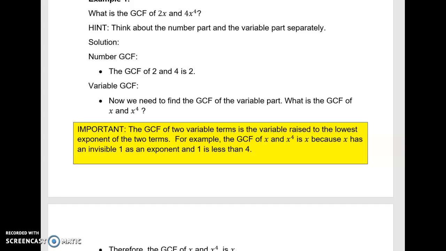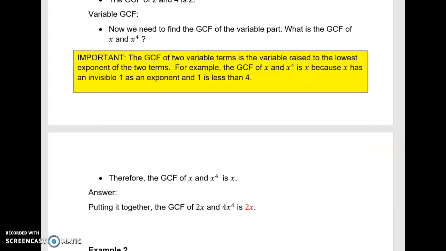So it is that easy. When you're looking at variables that are the same, so they have to be the same variable, raised to a power, in order to find the greatest common factor of the two, you find the one with the lower exponent. So the GCF of x and x to the 4th is x, and then we put the two things together, the number part and the variable part. The GCF of 2x and 4x to the 4th is 2x.